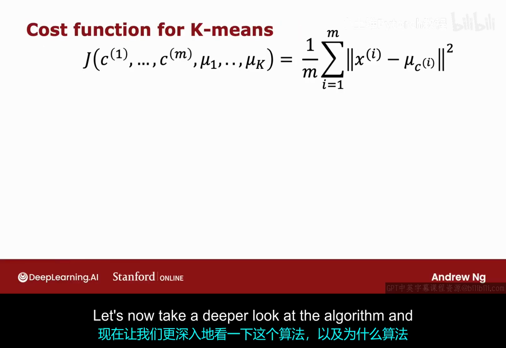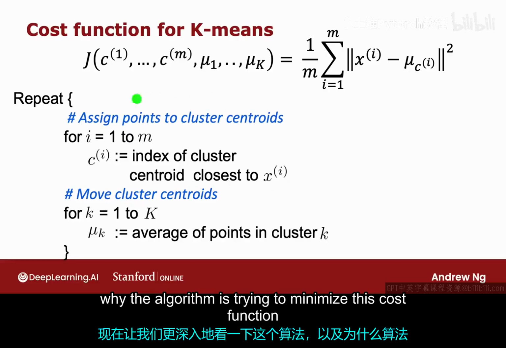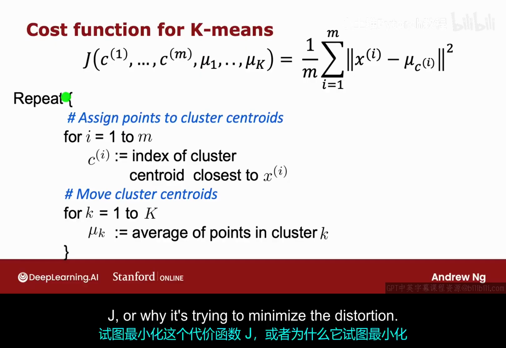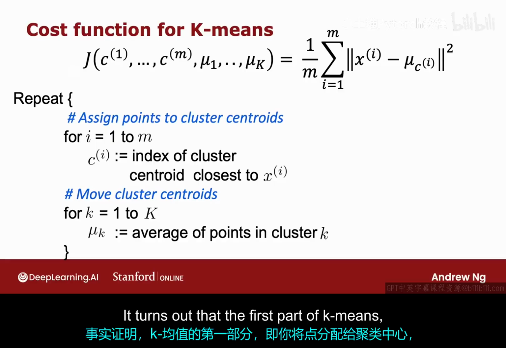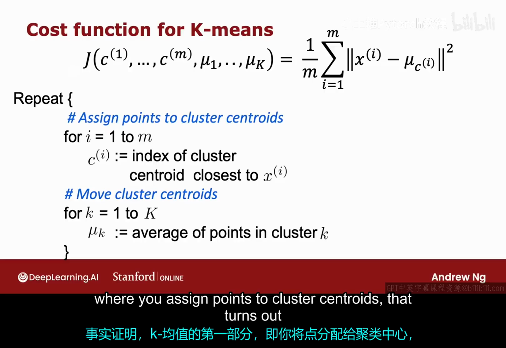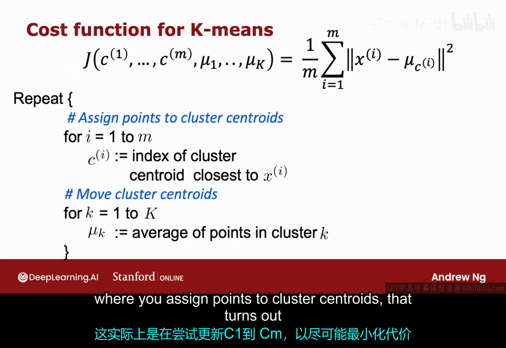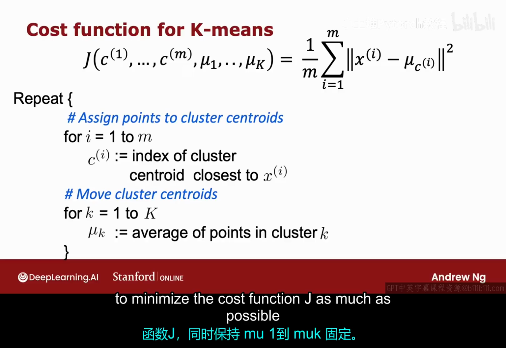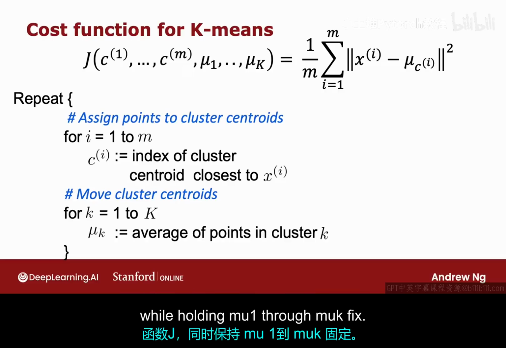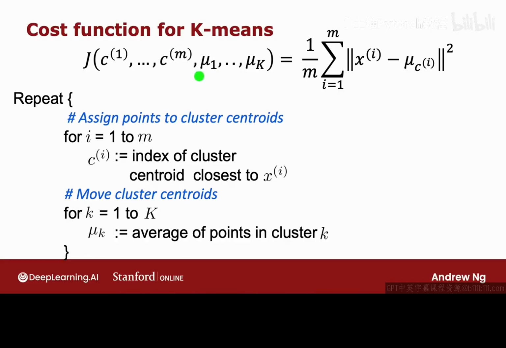Let's now take a deeper look at the algorithm and why the algorithm is trying to minimize this cost function J, or why it's trying to minimize the distortion. Here on top, I've copied over the cost function from the previous slide. It turns out that the first part of k-means, where you assign points to cluster centroids, is trying to update C1 through Cm to minimize the cost function J as much as possible while holding mu1 through mu k fixed.